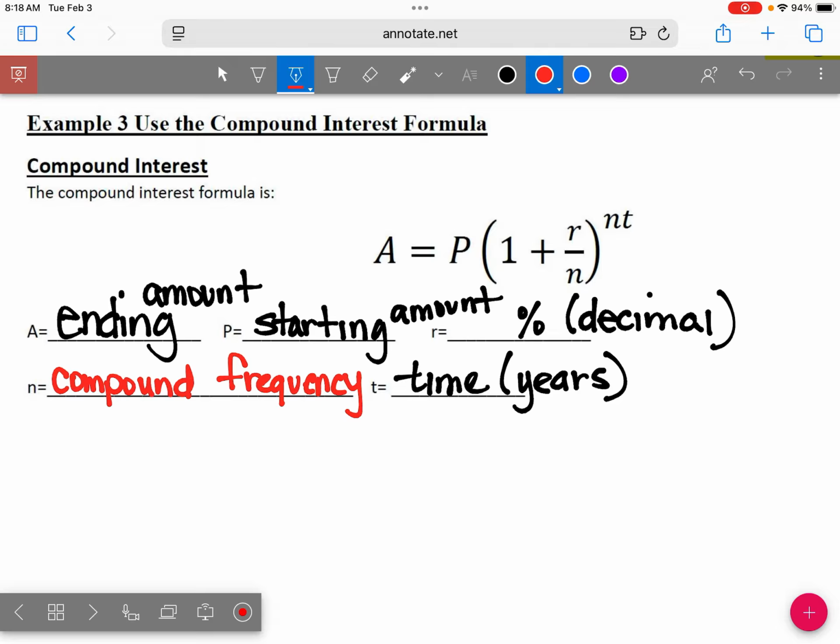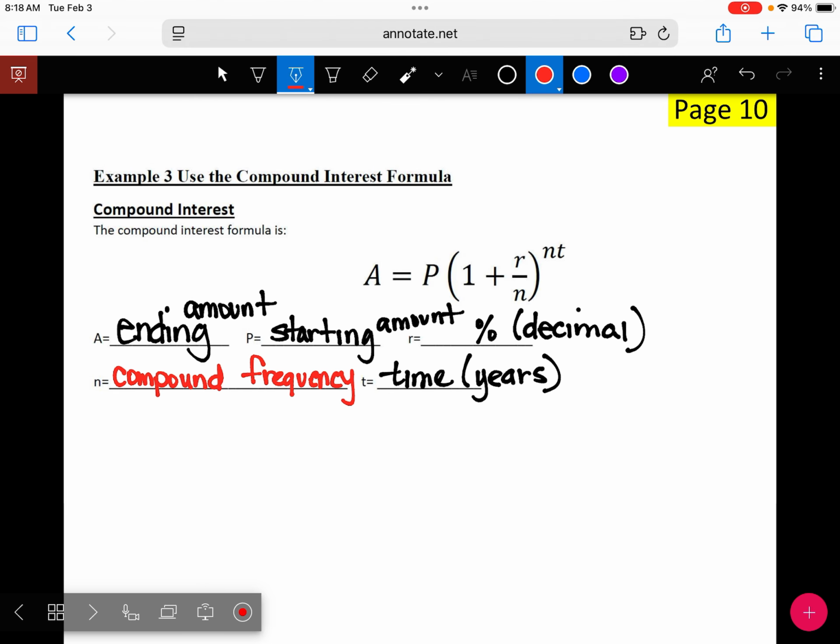Compound frequency means how many times will the bank give you interest? Which is really important. So the N values, I'm gonna go ahead and write them in the top corner. The first one you should know, if N equals 1, that means it's annually.